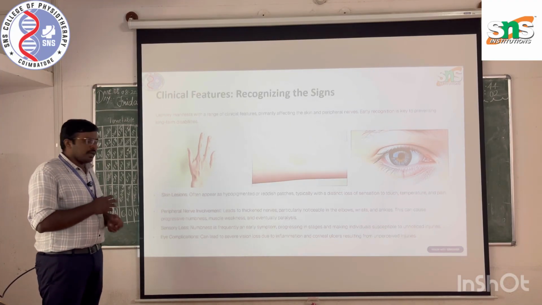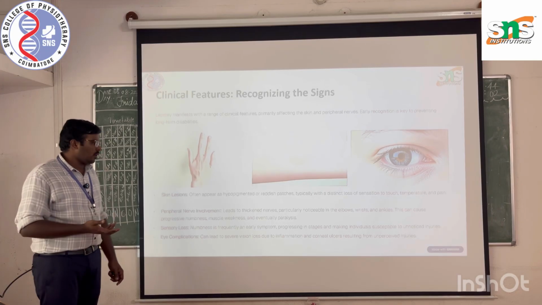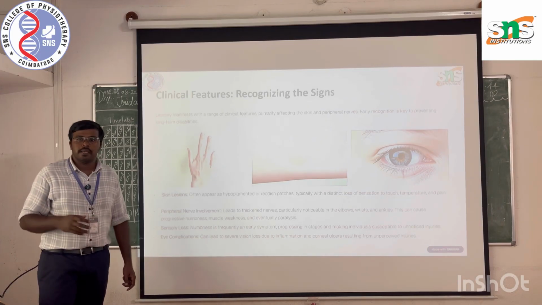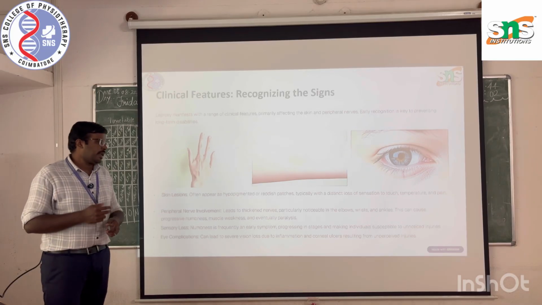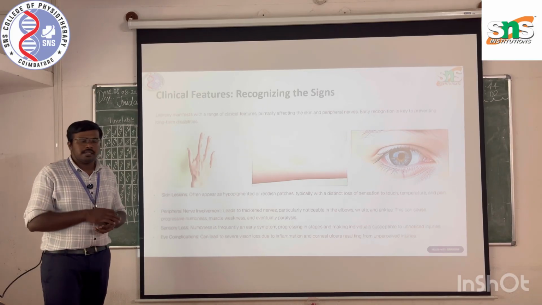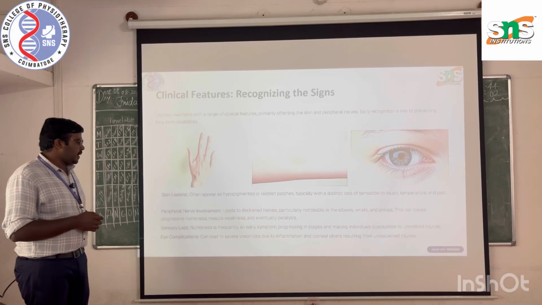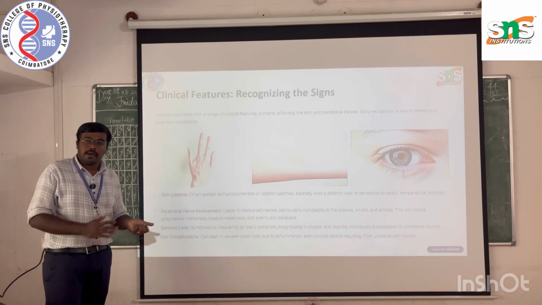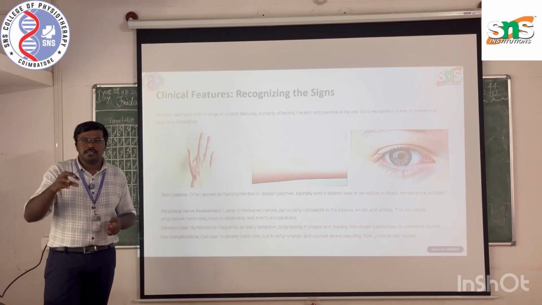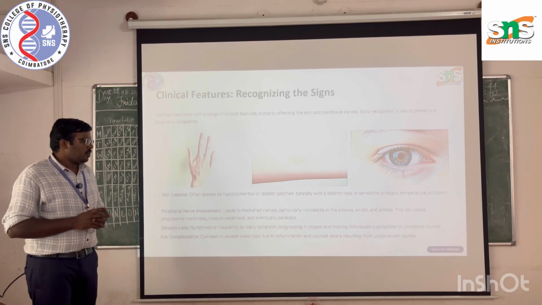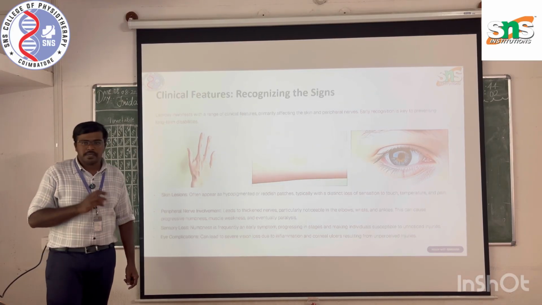This can progress to numbness, muscle weakness and even paralysis. Sensory loss like numbness is also present. Eye complications can be moderate to severe, including vision loss, inflammation in the eye, and corneal ulcers.